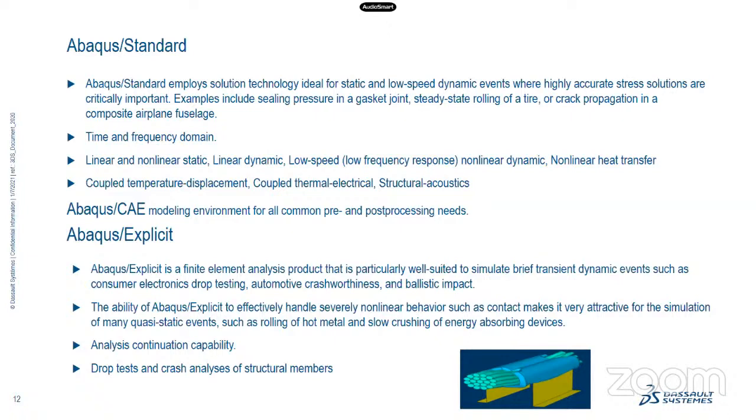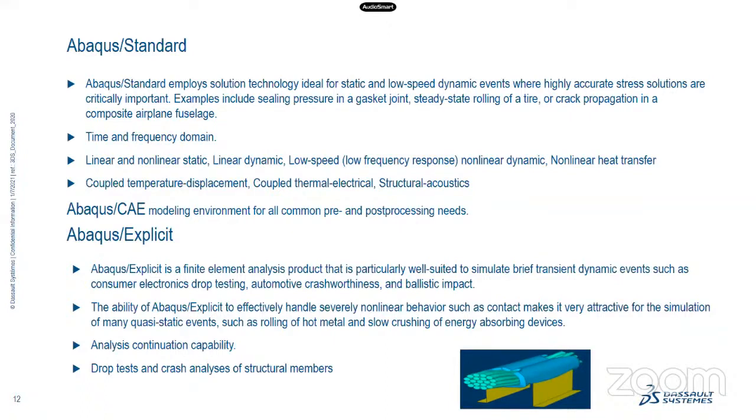We have options to continue the analysis, where results from Standard can be imported into Explicit and the analysis continued. Such capabilities may also be important when you have other FEM software. That is about analysis continuation capability. For example, if you want to analyze manufacturing, like rolling, and finally we need to do the springback analysis, Abaqus Standard will be efficient.